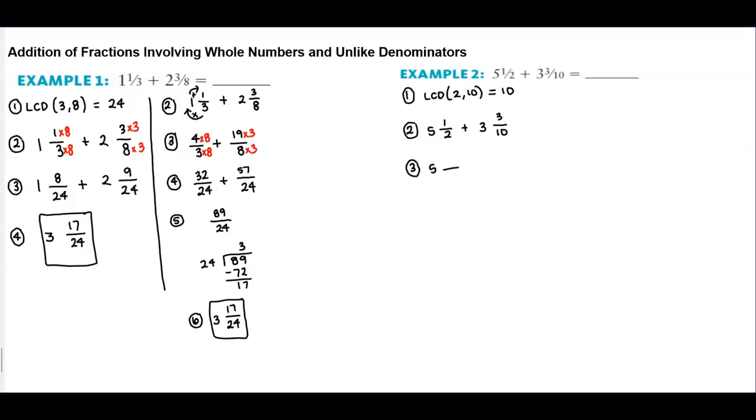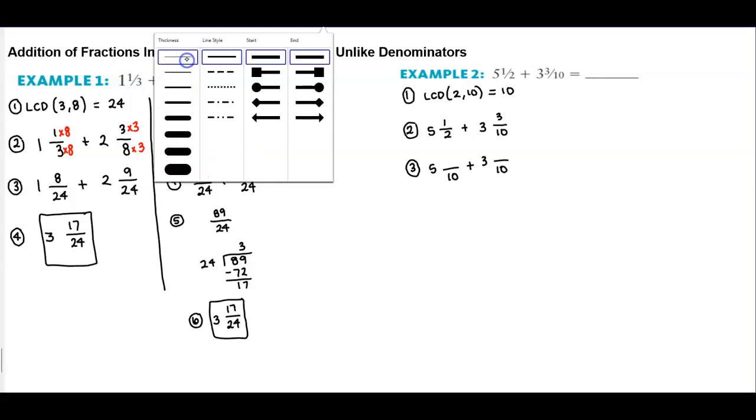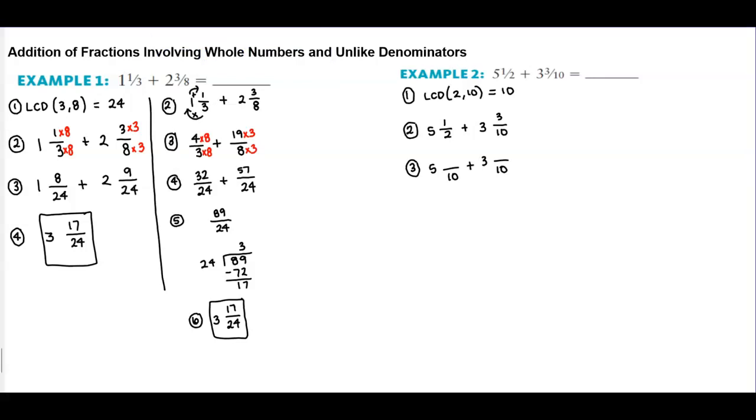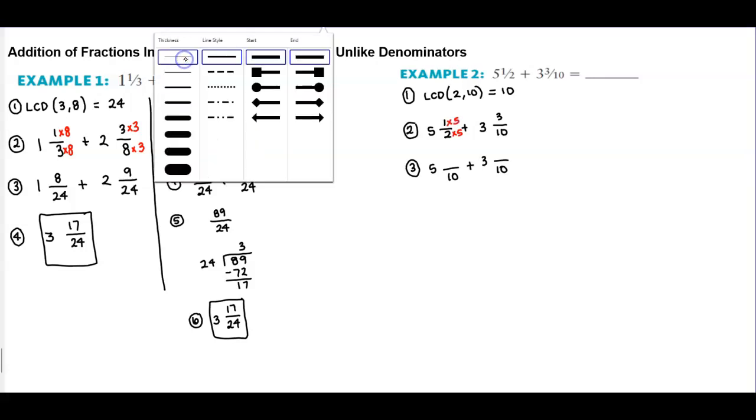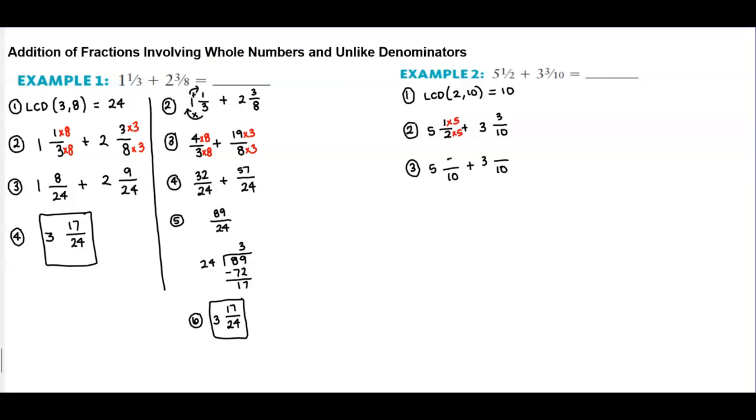So we know that we have 5 as a whole number, and the denominator is 10. We have 3 with a common denominator of 10. So 10 divided by 2 is 5, so 2 times 5 is 10. And so 1 times 5 is going to give us 5.